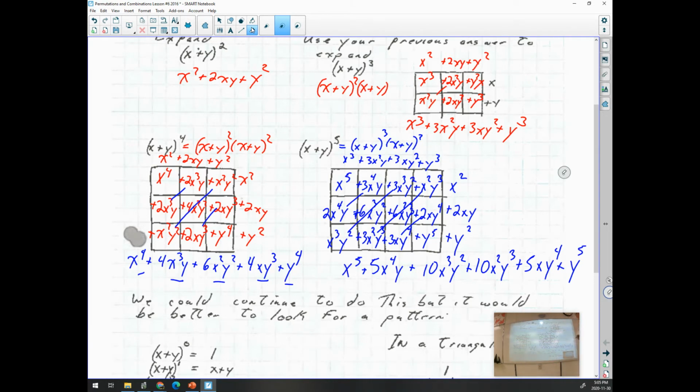Again, the pattern we saw with the exponents is the same. Every one of these terms has exponents that add up to 5. We're going to show a pattern here when we start to look at the exponents.